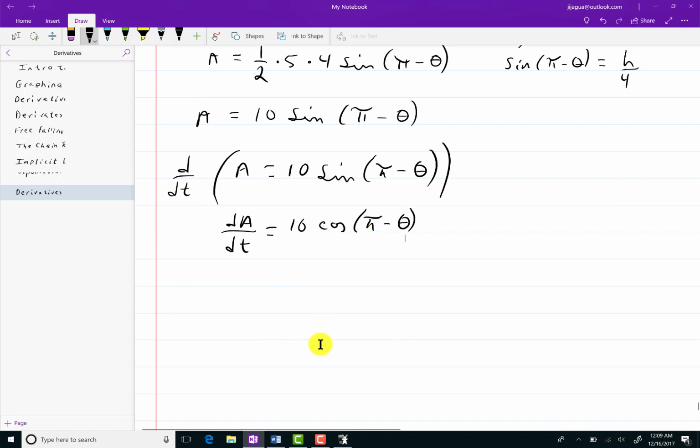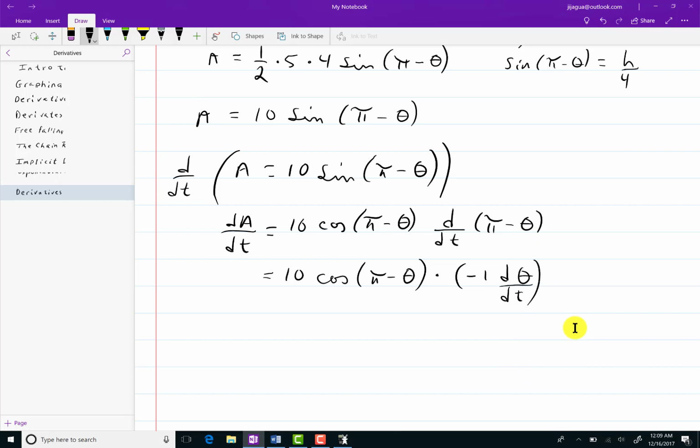So I need to take the derivative with respect to t of pi minus theta. 10 cosine pi minus theta times the derivative of this, which will be -1, but then the derivative of theta is d theta over dt. So let me simplify. I have -10 cosine pi minus theta d theta over dt. Of course, this is dA over dt.